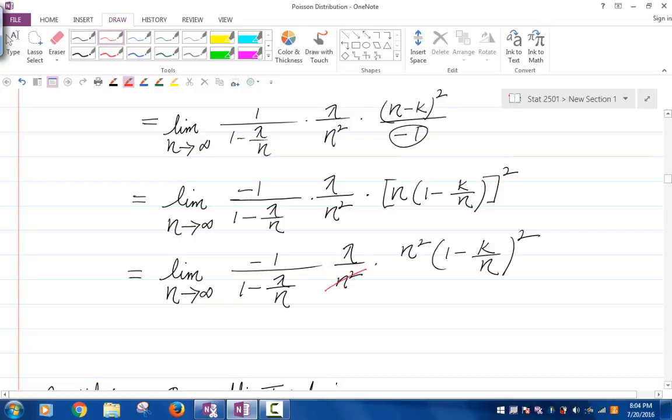Notice that n squared cancels out. Now as n goes to infinity, lambda over n goes to 0 and k over n goes to 0. So what we are left with is negative lambda.